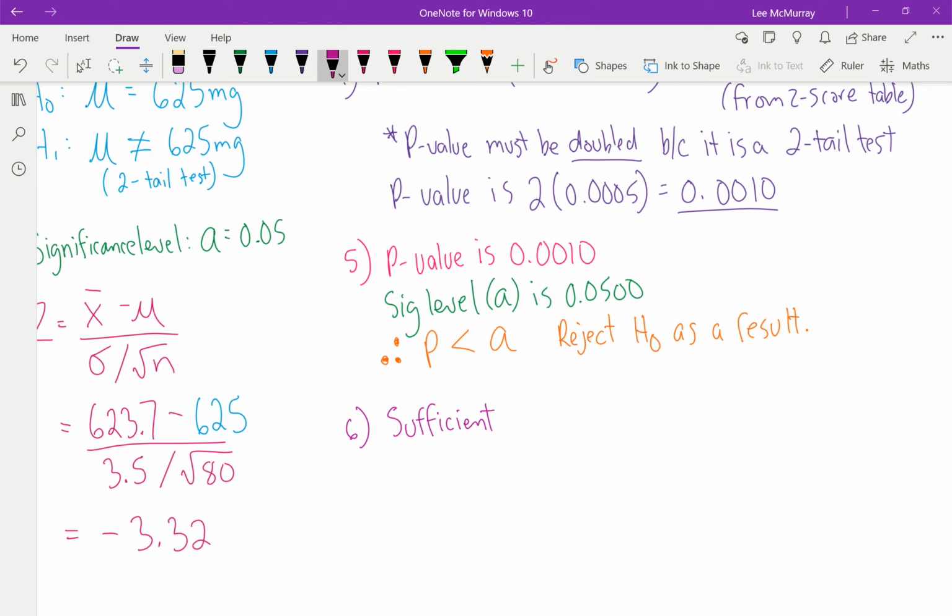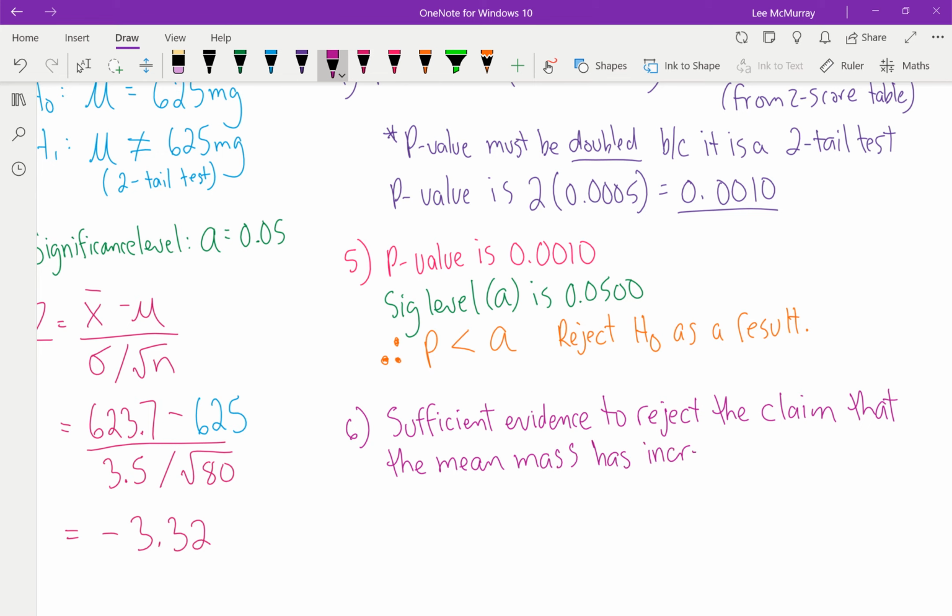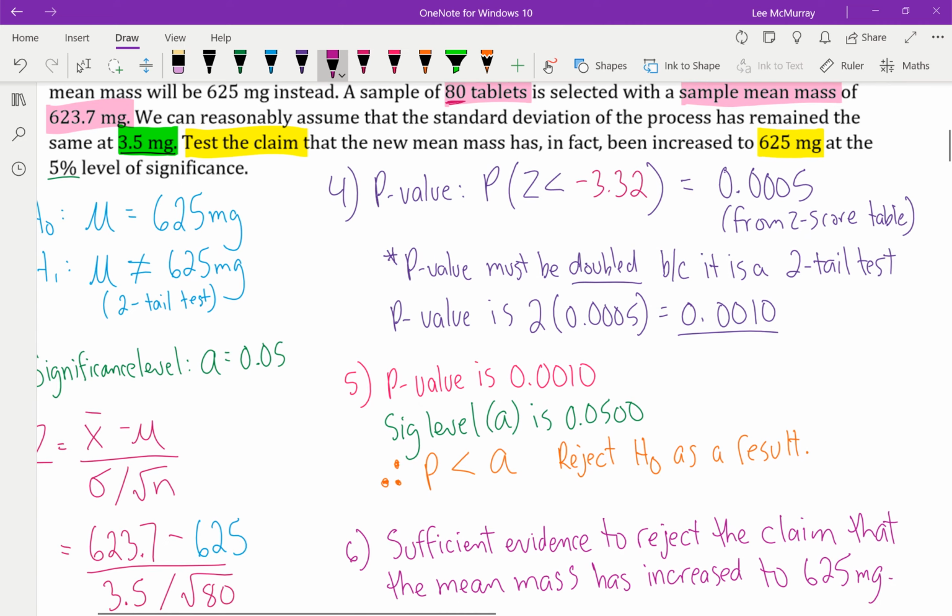So we're going to say that there is sufficient evidence to reject the claim that the mean mass has increased to 625 milligrams, right? So all we're doing is restating, test the claim that the new mean has increased to 625 milligrams.